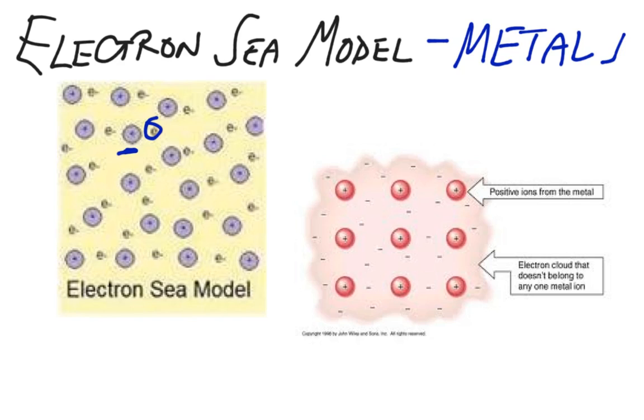But metals, it's a little bit different. When we're talking about metals, what ends up happening is your nucleus, your core, maintains the structure that you see in the picture over at the right. You can see that there is a certain amount of structure and organization with this whole scheme. The difference, however, between a metal and an ionic compound is that the electrons are not necessarily bound to the nucleus. And as they are not bound to the nucleus, they tend to just roam around in the area of the nuclei.